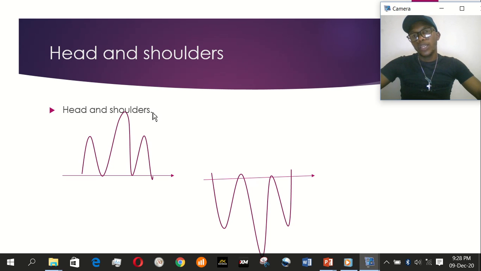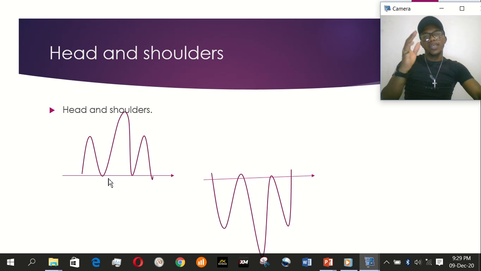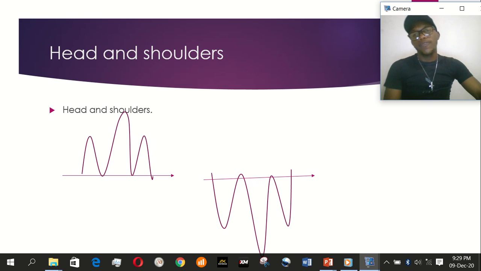So there is what you call head and shoulders. This is a shoulder, a head. We apply the same principle as the double top and the double bottom, or triple top, triple bottom. But the only difference is that here, if we want to measure our take profit, we measure only the head distance, from the neckline to the highest market price.